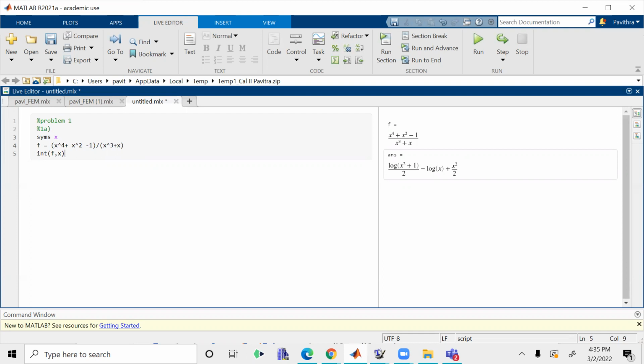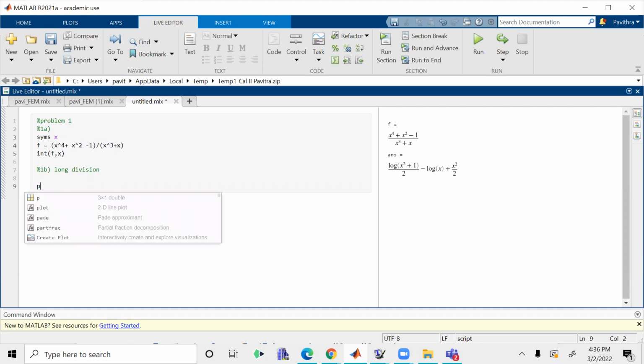But whenever you are doing it by hand, it is required that you perform long division as well as partial decomposition. Now, how can we do these two methods in MATLAB? This is for long division. Okay. Now, I will separate the numerator and denominator.